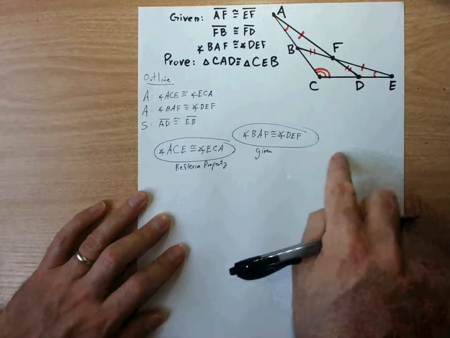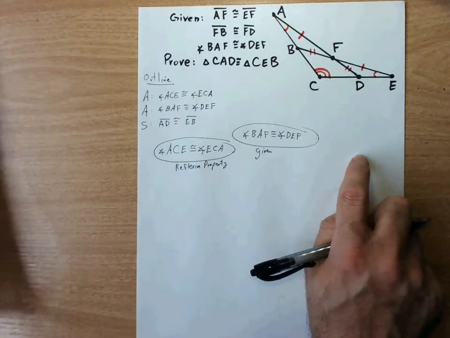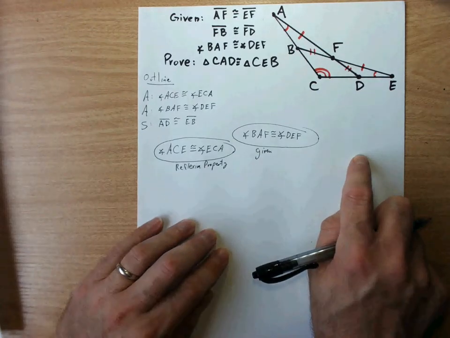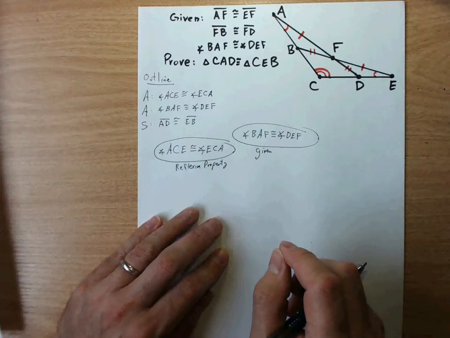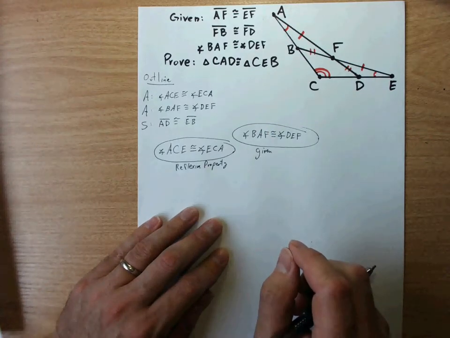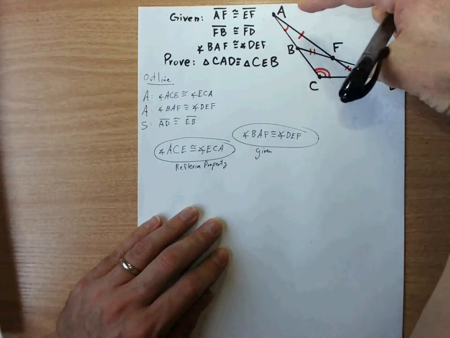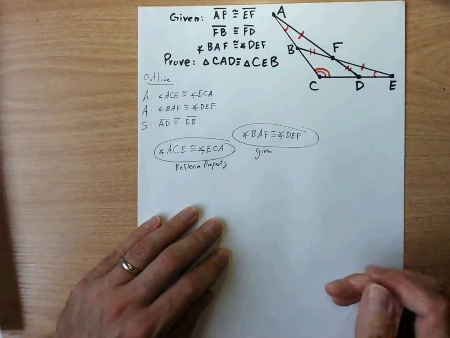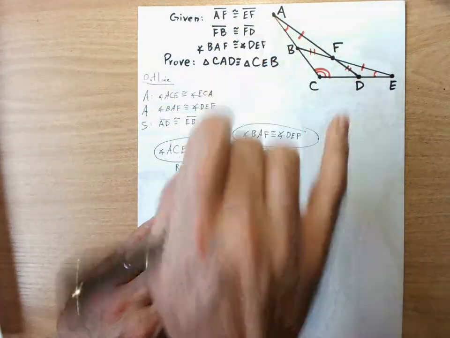Okay, and then the last thing. So here's the idea. I need to build up to the fact that those two are congruent with each other. So first, the idea that if I add them up, they equal the bigger piece, right? AF plus FD equals AD.